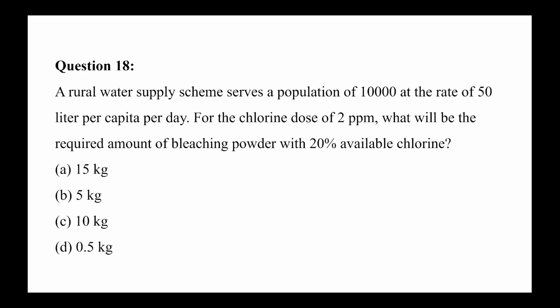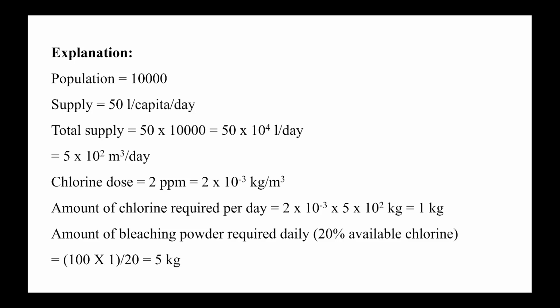Okay, let's discuss the solution. So the population is 10,000, right? And the supply is 50 liter per capita per day. So the total supply would be 50 into 10,000 liter per day. So in one day, 50 into 10 raised to the power of 4 liters of water is the supply, right?